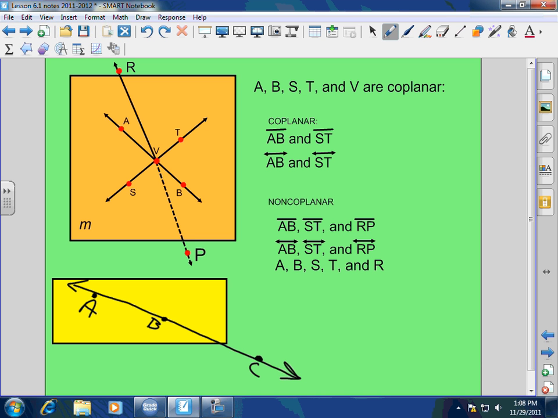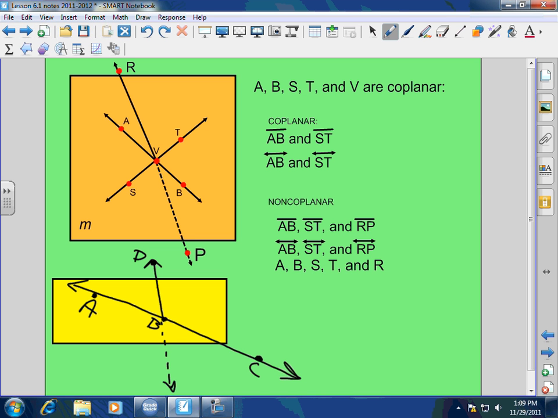Now, if I put a point here, D, but I say at this point D is going through the plane, DB is no longer coplanar to that yellow plane. Does that make sense, sir?